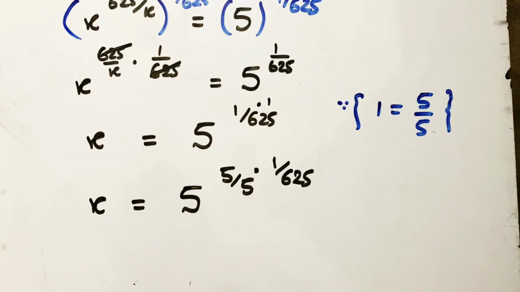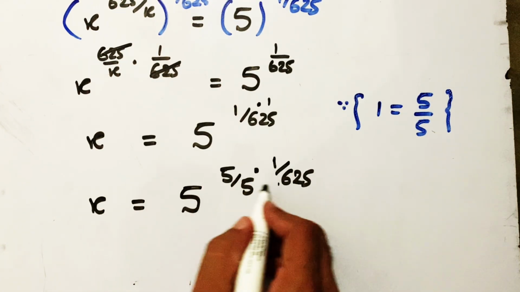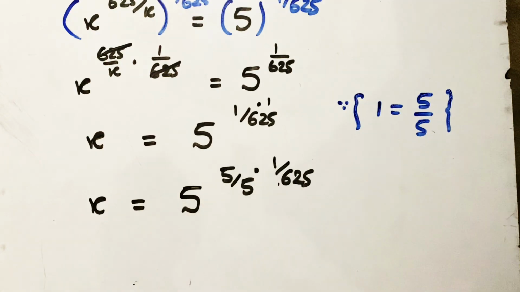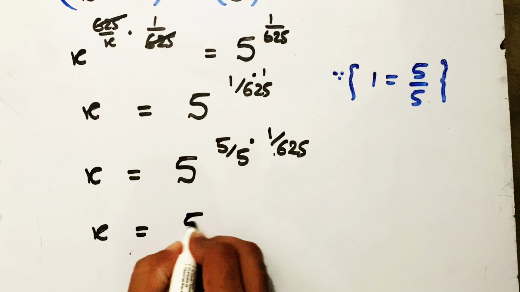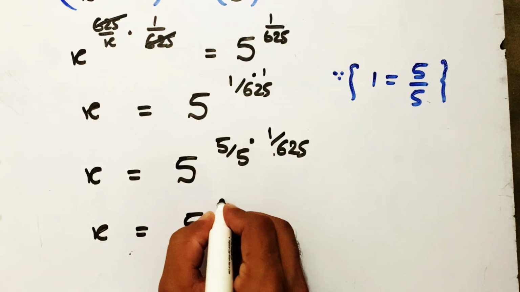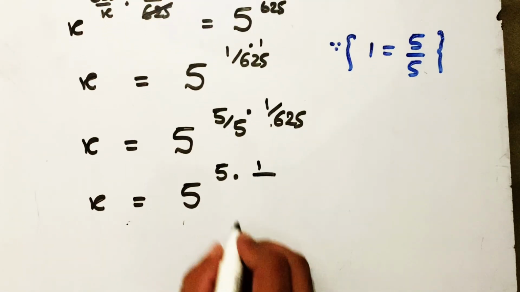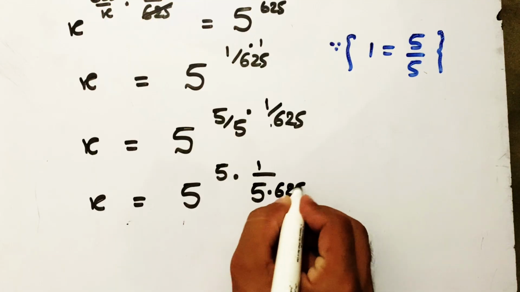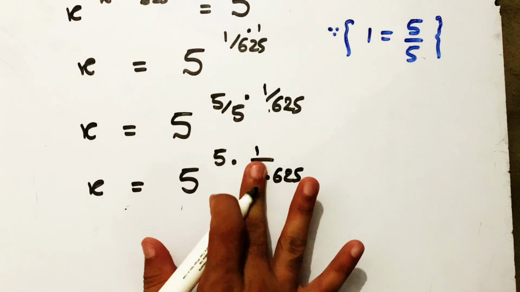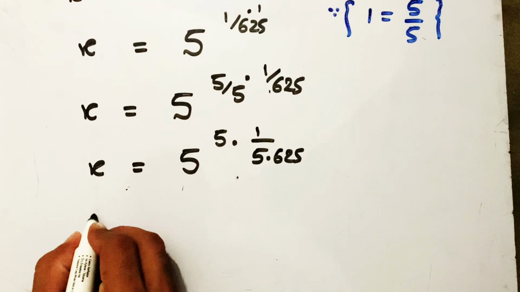Now multiplying this term into this term, denominator multiplied by denominator, we got x equals 5 to the power of 5, multiplied by 1 divided by 5 into 625.